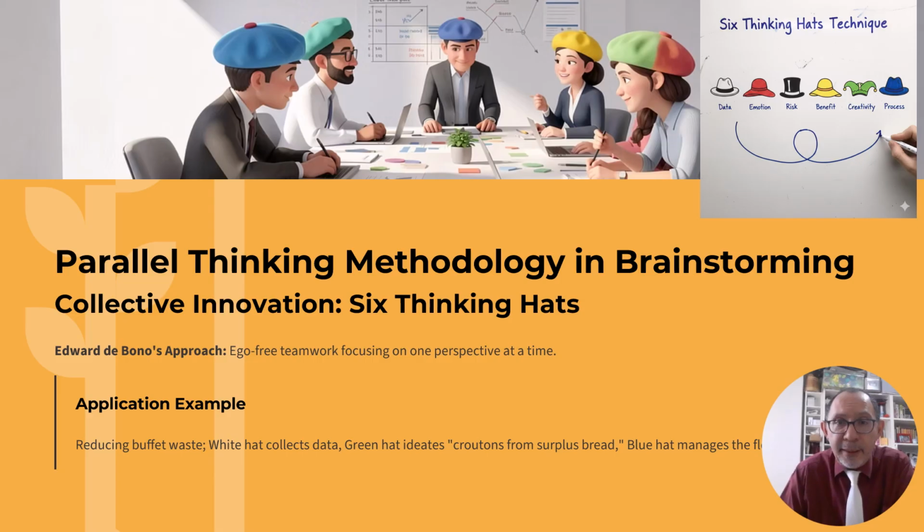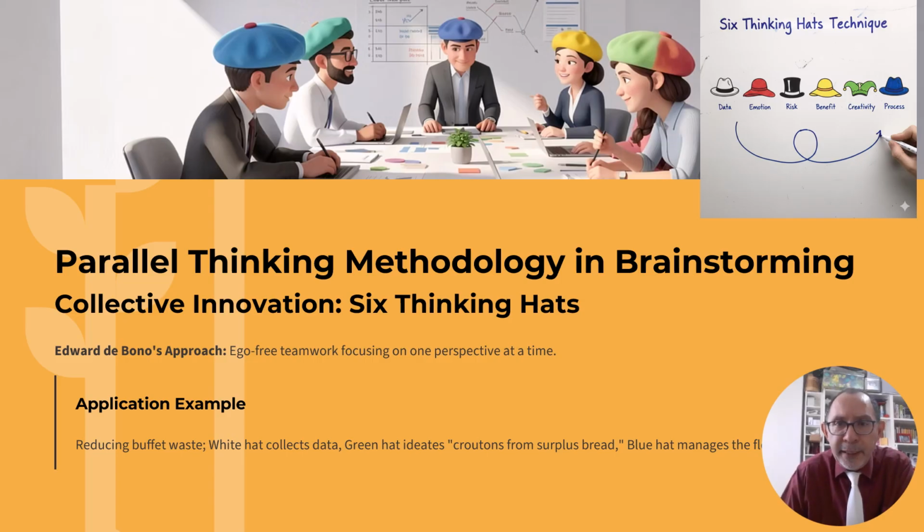The Six Thinking Hats technique is a parallel thinking methodology developed by Edward de Bono that allows the team to examine an issue from six distinct perspectives: data, emotion, risk-benefit, creativity, process. By preventing ego clashes, it ensures all stakeholders focus on the same viewpoint simultaneously.